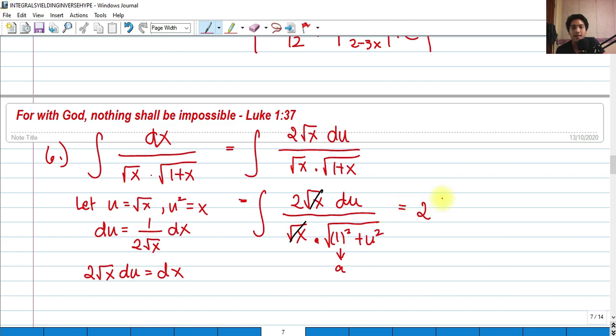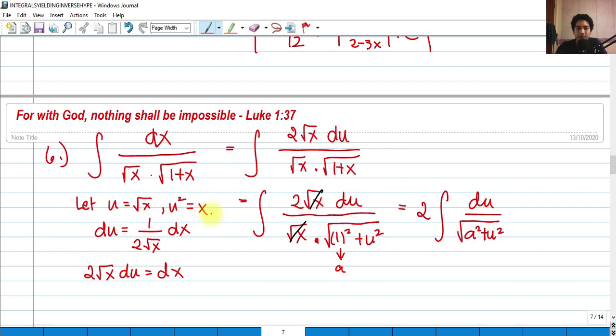We can actually factor out 2 outside of the integral sign. So we have du all over a squared plus u squared, where our value of a is 1 and the value of u squared is equal to x.